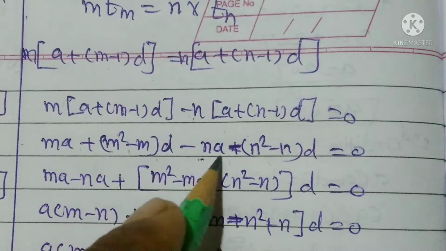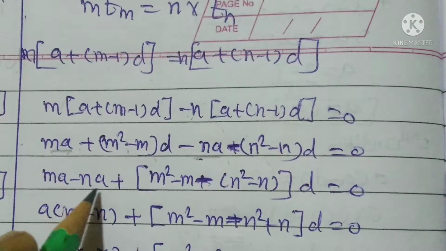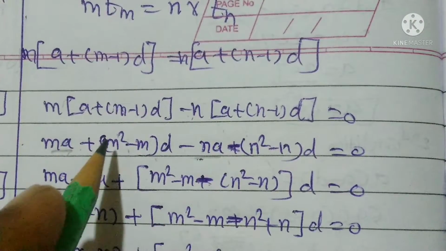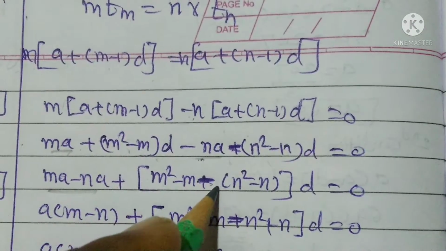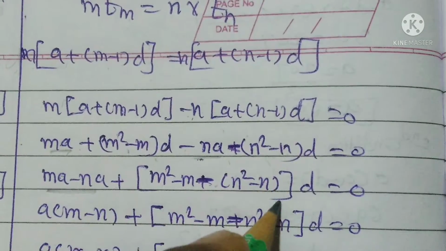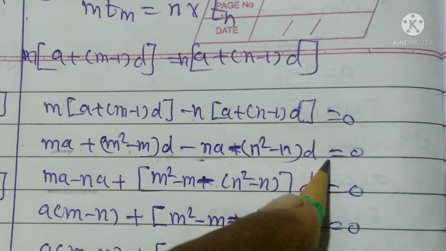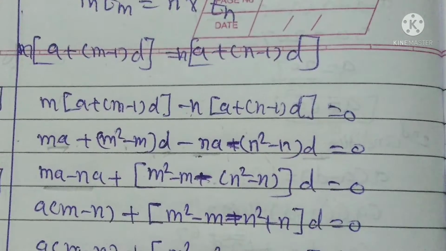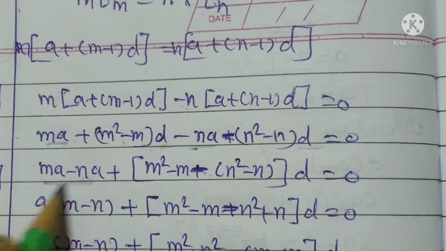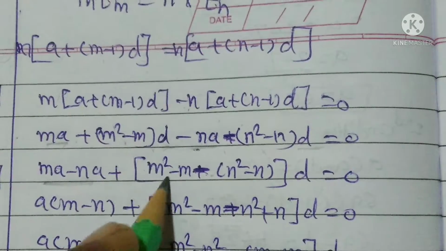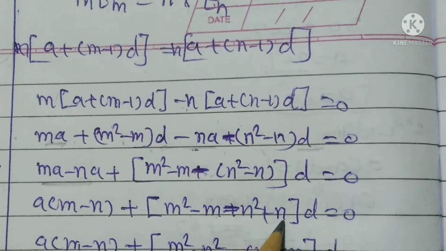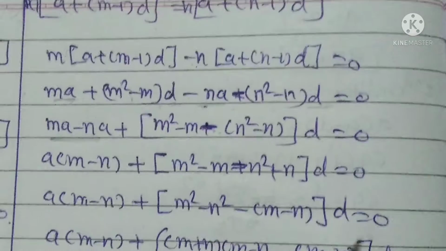So ma and na go near, and (m square minus m) minus (n square minus n), d is common, so goes outside the bracket. Here a is common: a(m minus n) plus (m square minus m minus n square plus n) d equals 0.